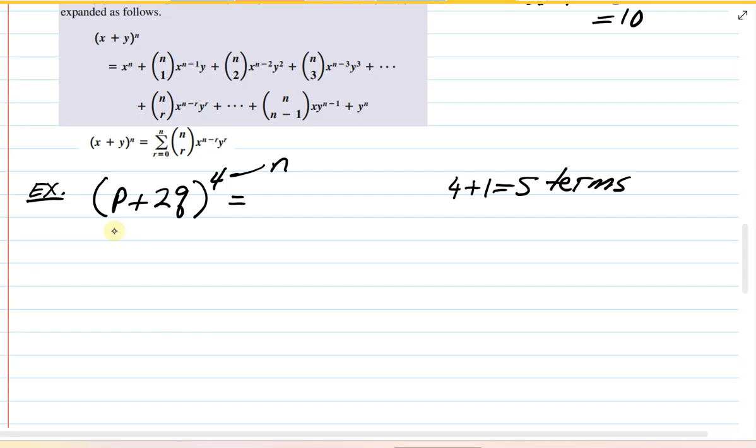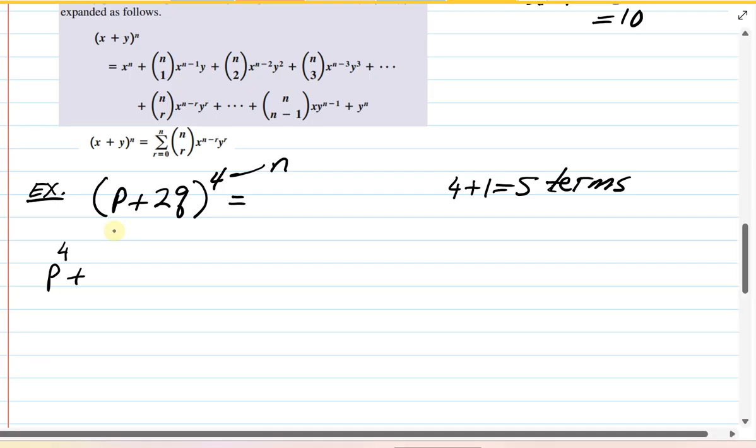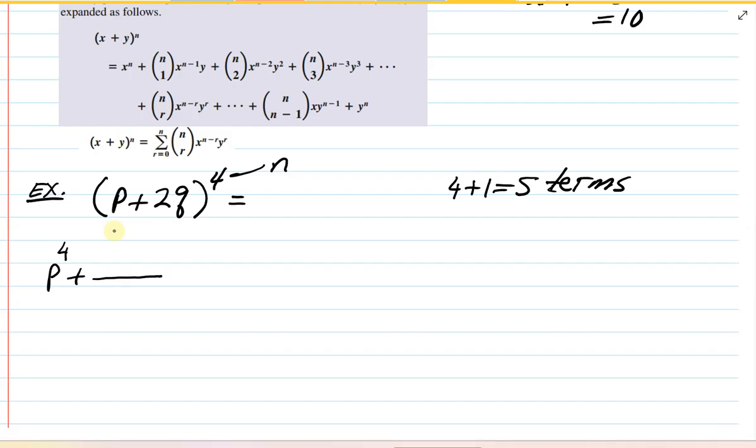Now, remember the first and the last terms, what they were? The first term was x to the n, where instead of x, we have p. So I'm going to write it now. It's going to be p to the fourth. That's the first one. Remember what the last one was. Plus, oh, remember 5 terms.